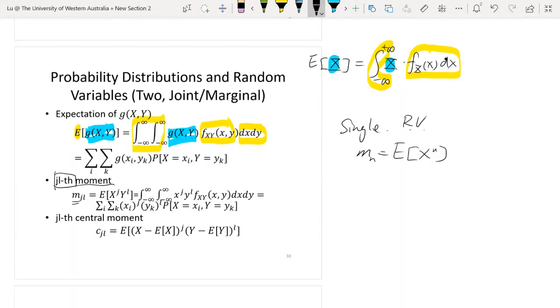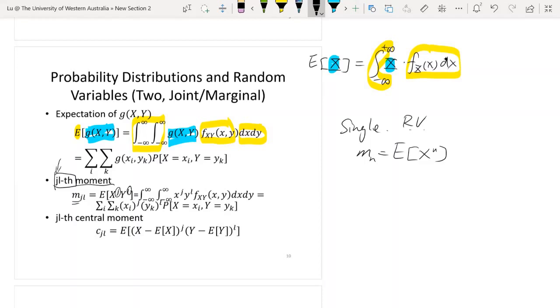Because J and L are used to denote the order number of the two random variables, respectively. J is always the order number of the first random variable inside of the expectation operation, and L is used to denote the order number of the second random variable. The remaining calculation of the expectation is simple, so I skip that.